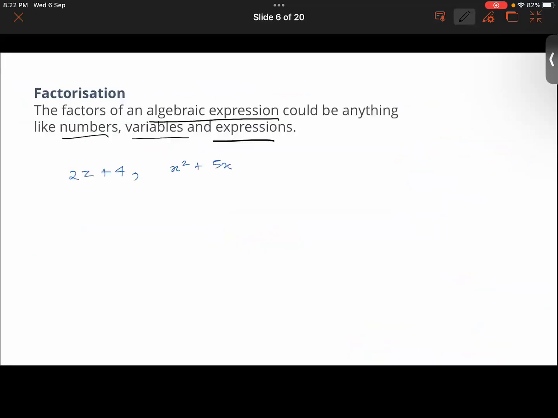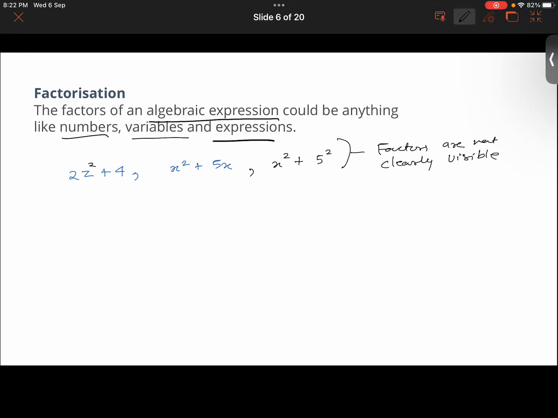Now you have a difficult expression like 2z square plus 4, x square plus 5x. In such cases, how do we find the factors? So here the factors are not clearly visible now. We can see 2, z and 4 in the first one, then x, 5 and x.